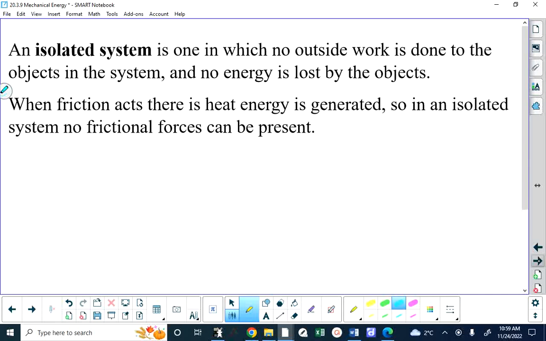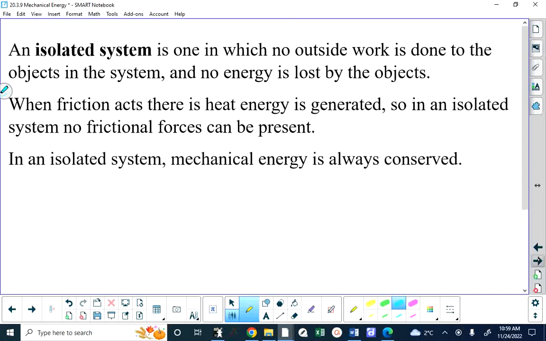When you get to Physics 30, that definition of an isolated system becomes more sophisticated. There's more to it than that. In an isolated system, if there's no friction producing heat, then there's no heat loss. And if there's also no work done by anything else, like when I say no outside work is done, there's not an invisible monkey pushing this pendulum faster at some point in time, what that means is mechanical energy will be conserved.